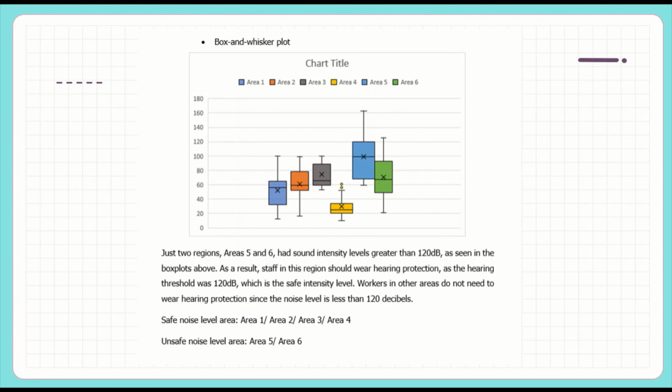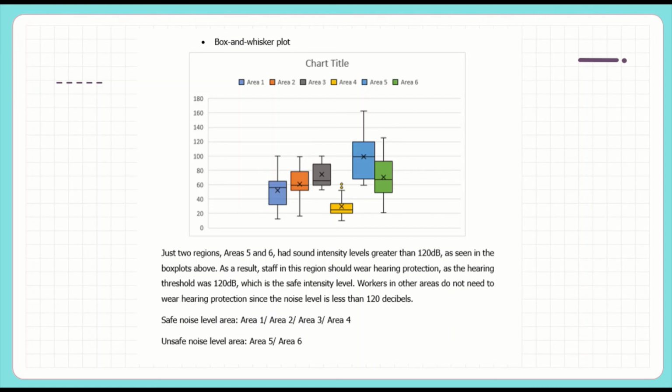So this is the overall view and picture of the box and whiskers plot for all areas according to the color based on the chart. Just two regions, Area 5 and Area 6, have a sound intensity level greater than 120 decibels as seen in the box plot above. As a result, staff in these regions should wear hearing protection as the hearing threshold is 120 decibels, which is the safe intensity level.